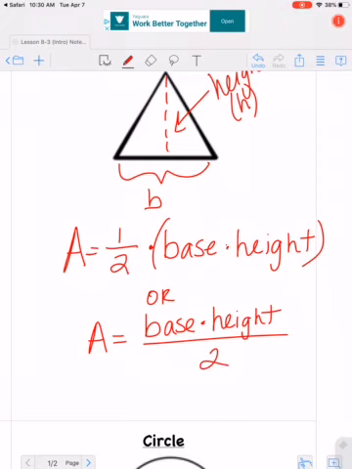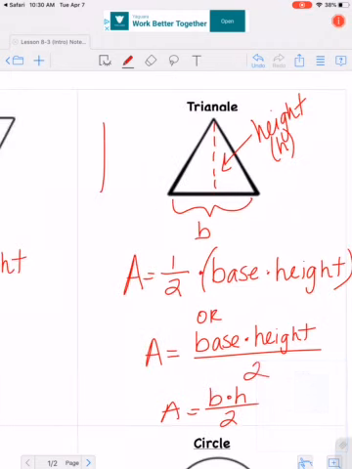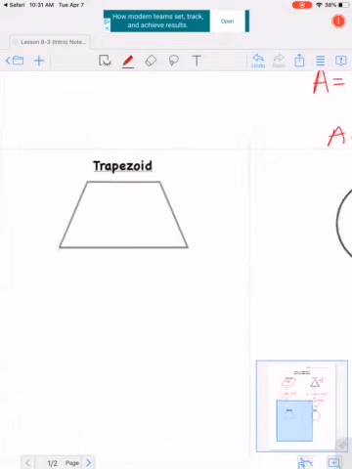That means the exact same thing, just written differently. Remember, for base you could use B, for height you can use H, so B times H divided by 2. It doesn't only work for a triangle that looks like this. You can also use it for a right triangle. You would have your height and you would have your base. Okay, moving on to a trapezoid.